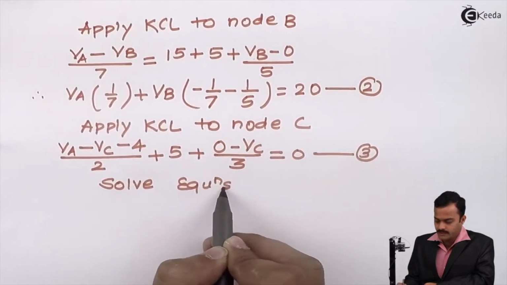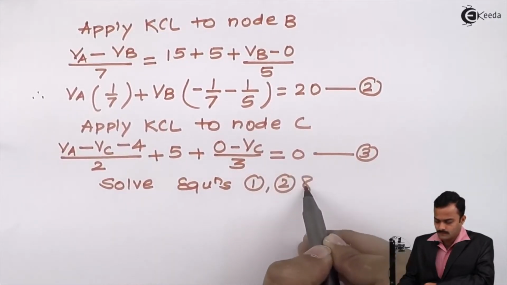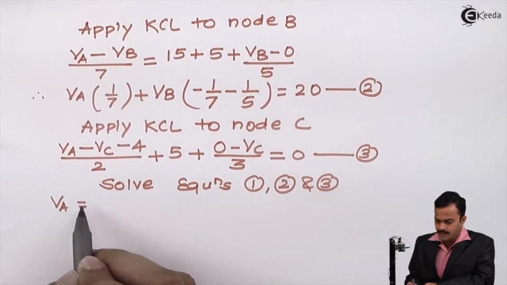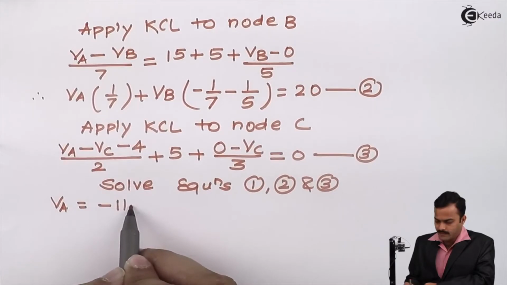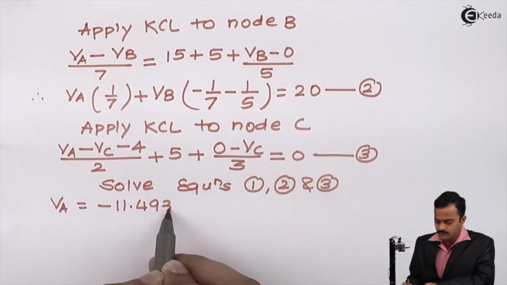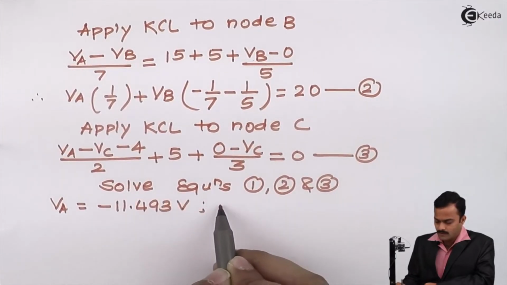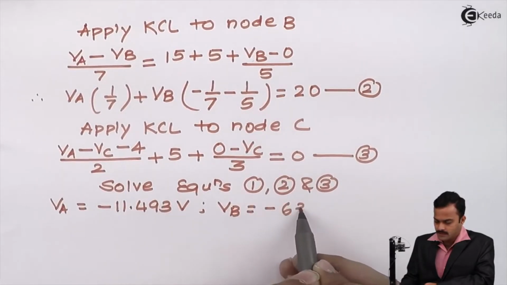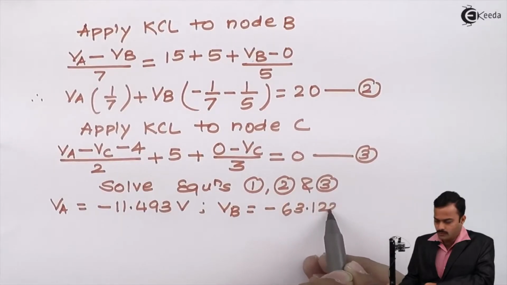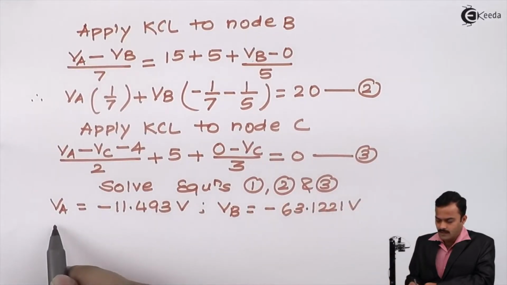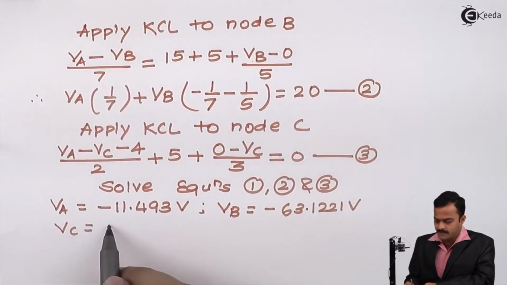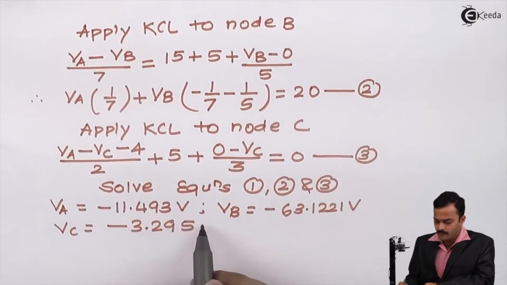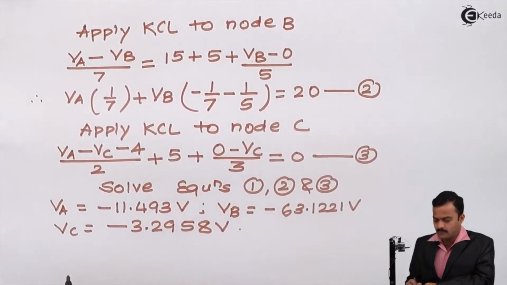Now I will solve equations 1, 2 and 3. I will get VA as minus 11.493 volt, VB as minus 63.1221 volt, and VC I will get minus 3.2958 volt.